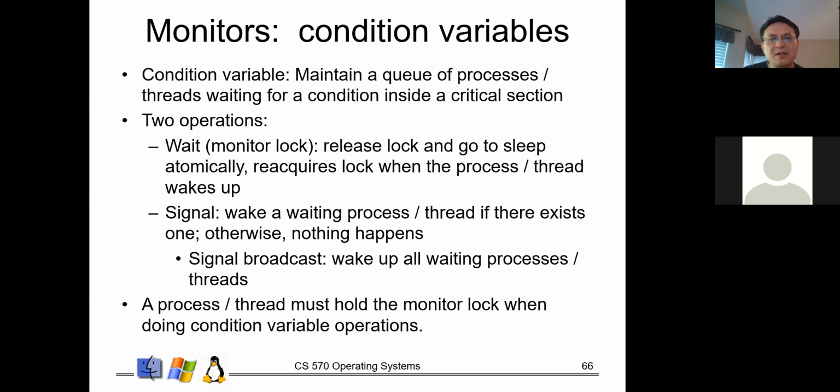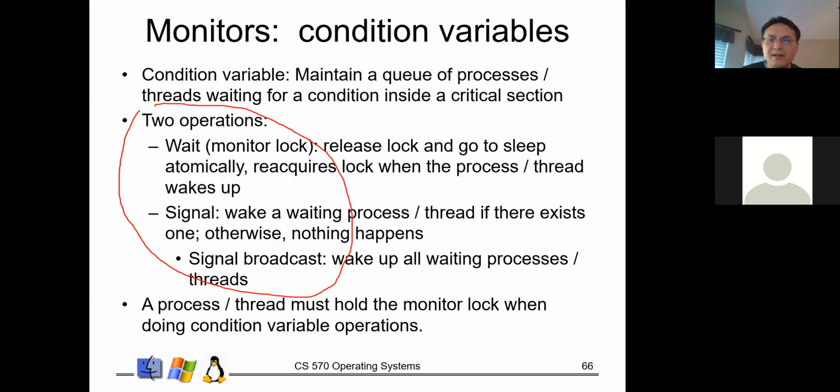Essentially, the condition variable maintains a queue of processes or threads waiting for a condition inside a critical section. I won't repeat what I just talked about. I list the details of what these two operations, wait and signal, do.